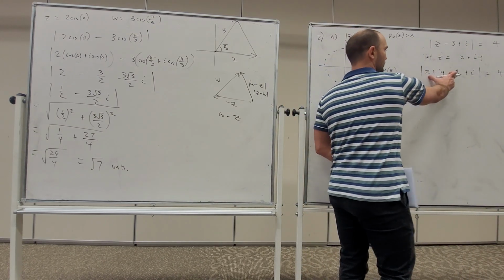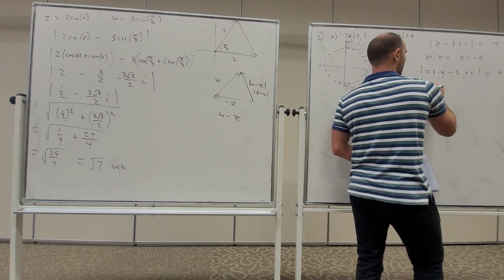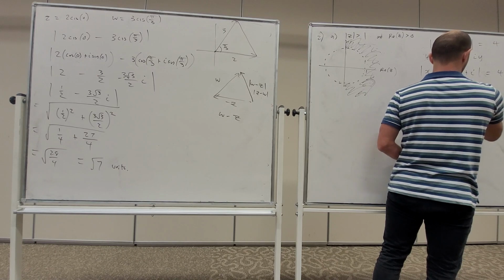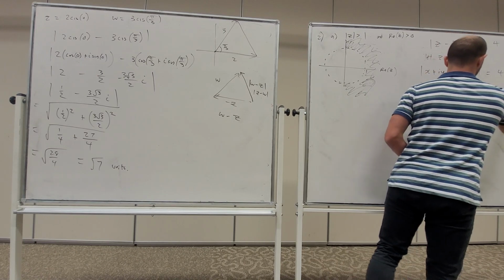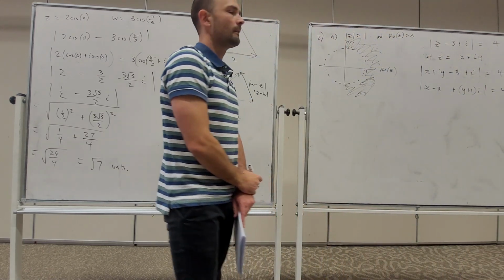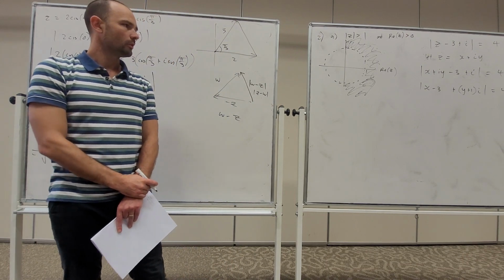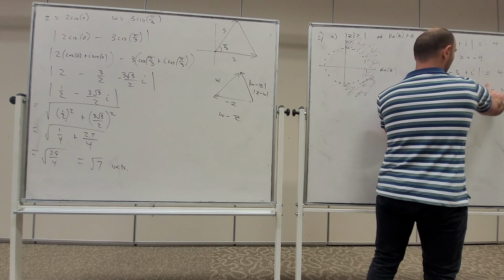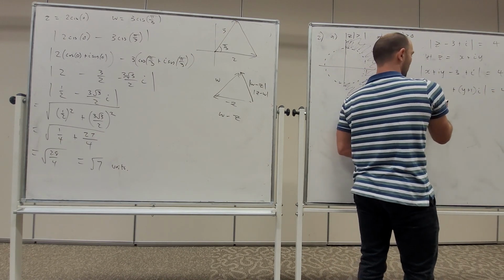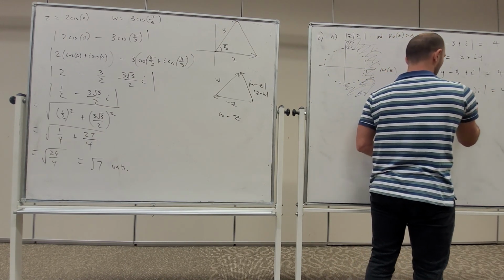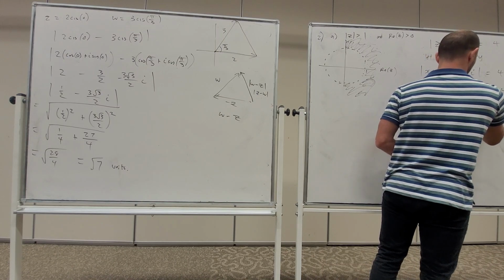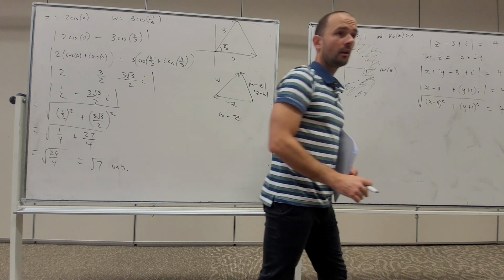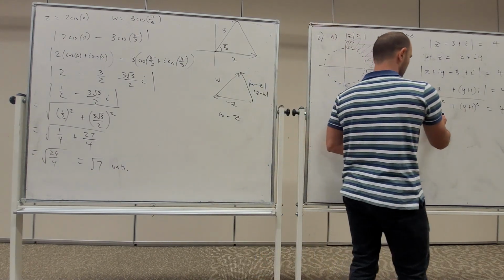Alright, now I'm going to collect the real component and the imaginary component together. And we know the modulus of it is going to be, because that's what we're asked to perform, the square root of the horizontal component squared plus the vertical component squared equals 4. And then square both sides.